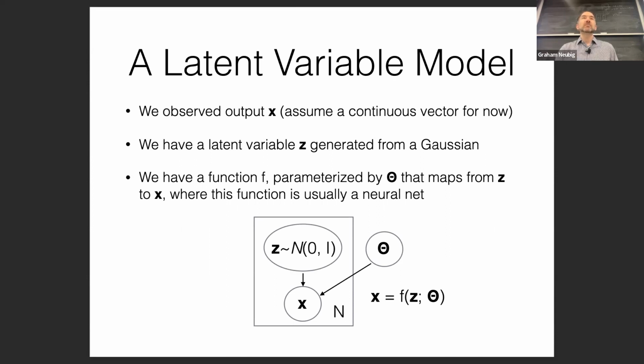We assume that we have observed outputs, or actually n observed outputs X. And then we have a latent variable, which we usually assume was drawn from a Gaussian distribution with 0 mean and unit variance. And then we have the parameters of the model. We calculate the probability of the output given this latent variable and the parameters of the model.